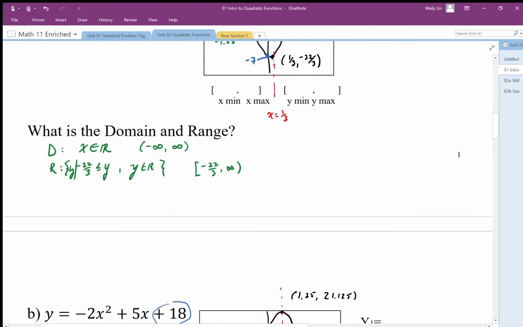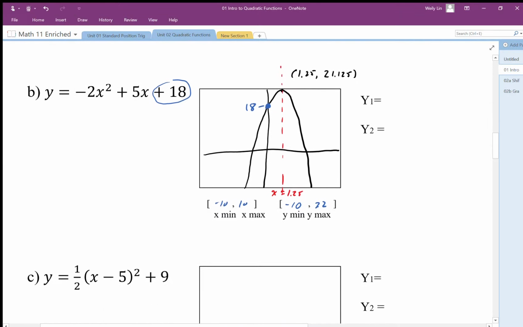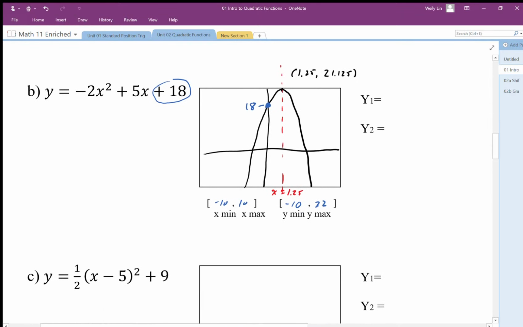When we look at a different form of the equation, that last number is going to indicate something different. But in this form, when we plug in 0, we're just left with 18, so that's our y-intercept. I'll make sure I label that. Y-intercept is at 18.